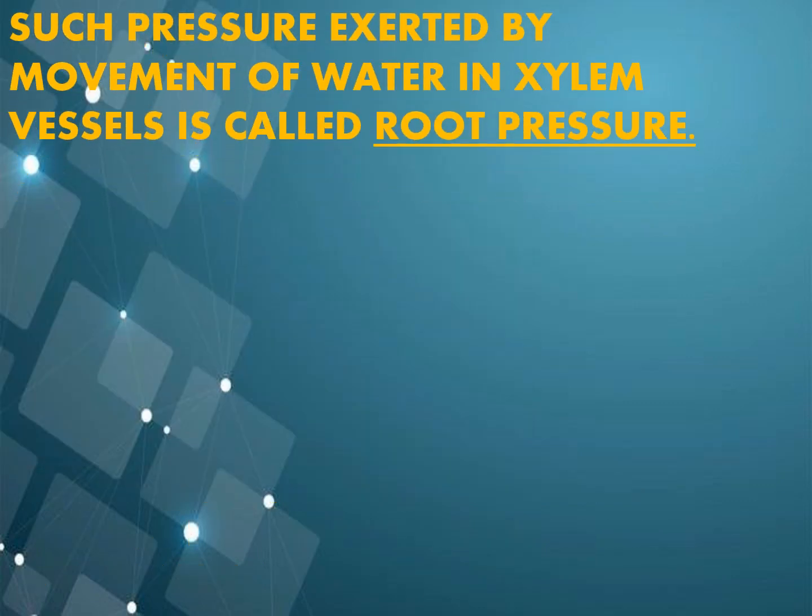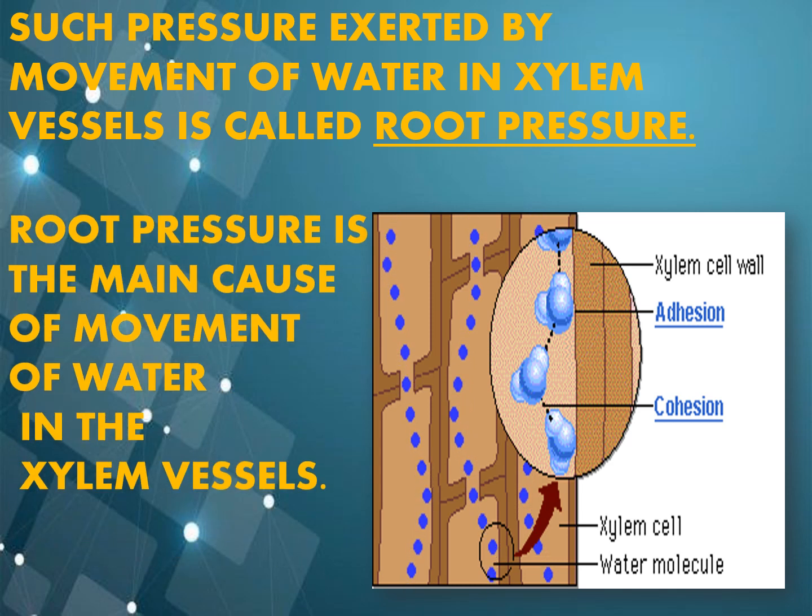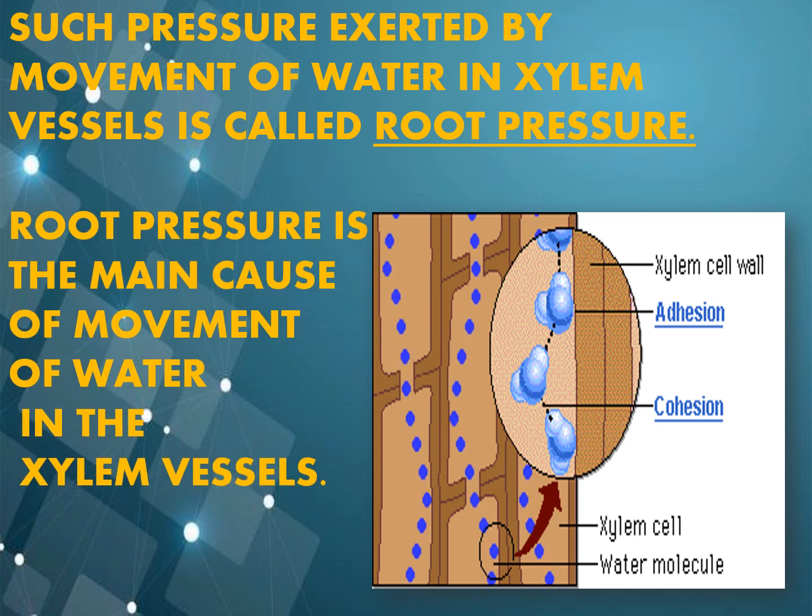Such pressure exerted by the movement of water molecules in the xylem vessels is called root pressure. But children, root pressure alone is not the main cause of the movement of water in the xylem; it is only one of the factors. The other factors are also there, which you can discuss in higher classes.